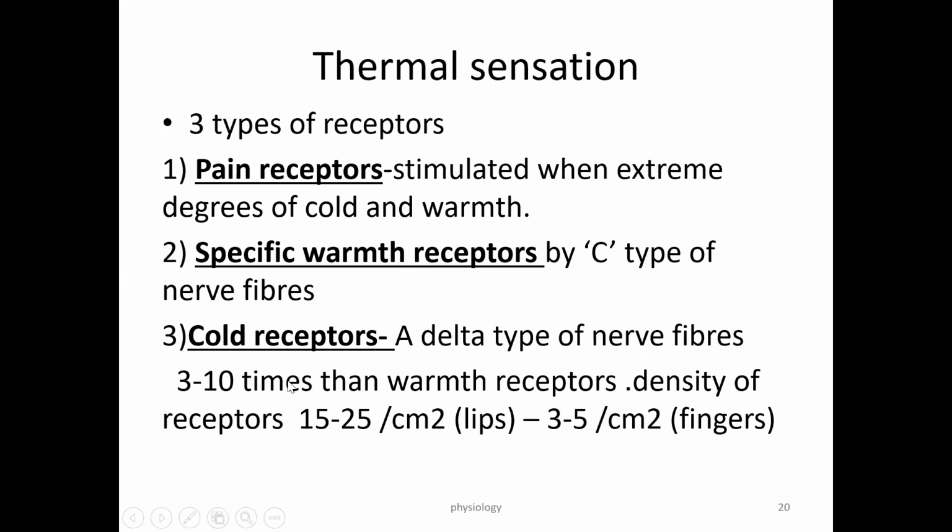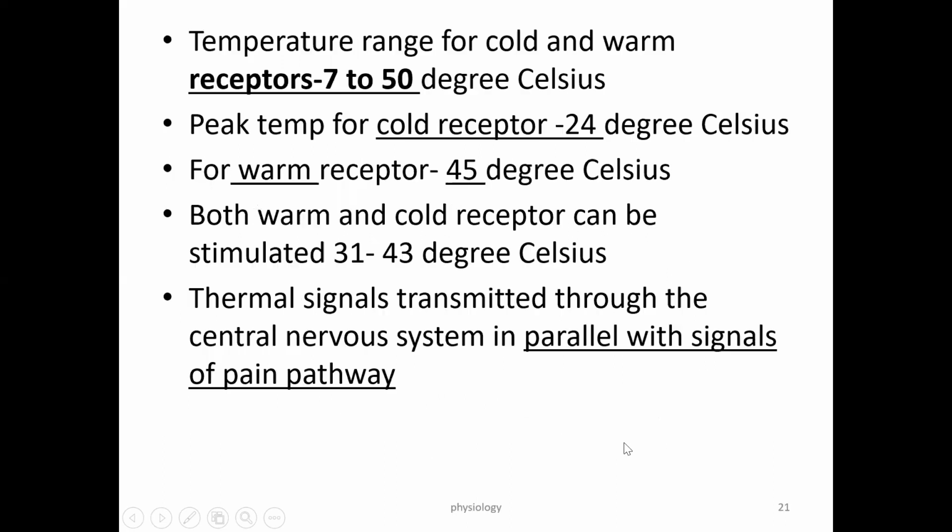About the cold receptor, the A delta fiber, cold receptors are 3 to 10 times more numerous than warm receptors. The density of cold receptors is higher in the lips area as compared to the finger area.